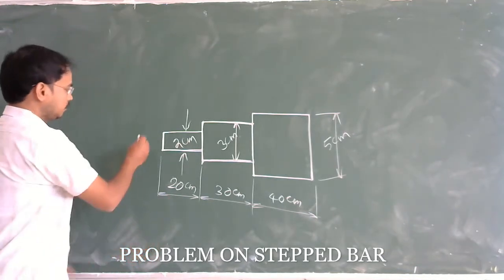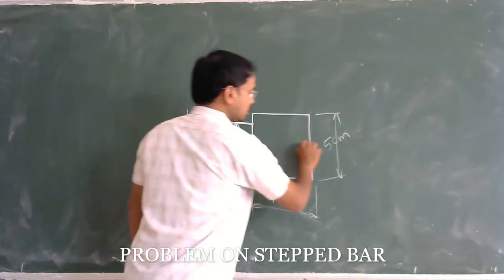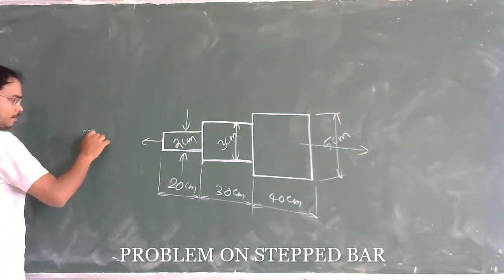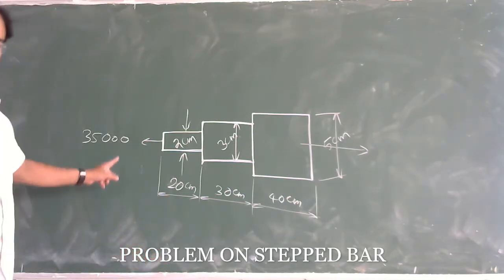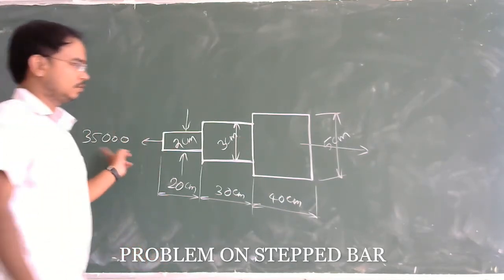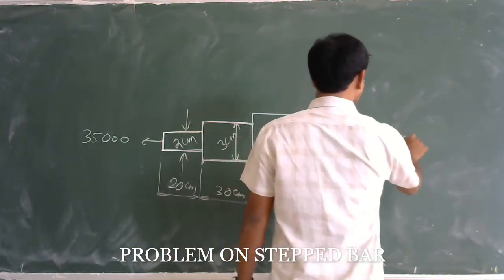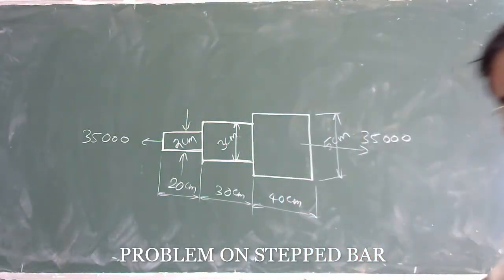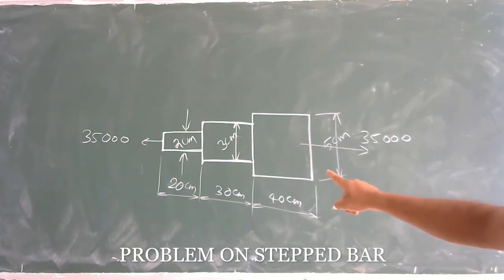Now, a load of 35,000 is a pulling load, a tensile load. Look at the problem. There is a stepped bar.